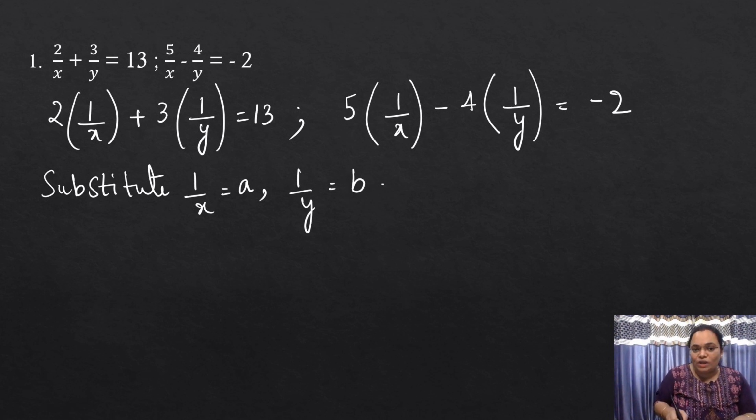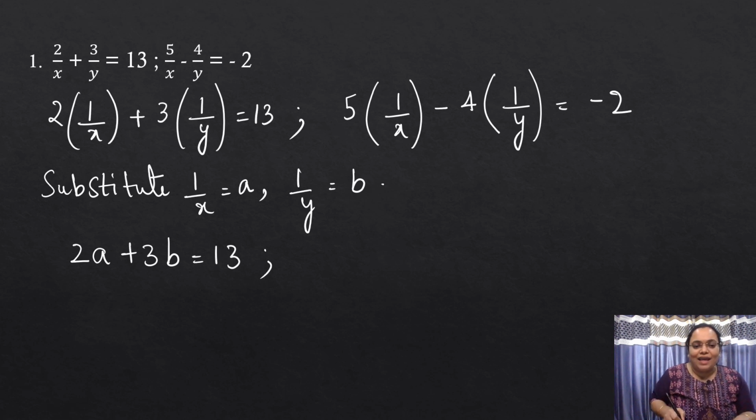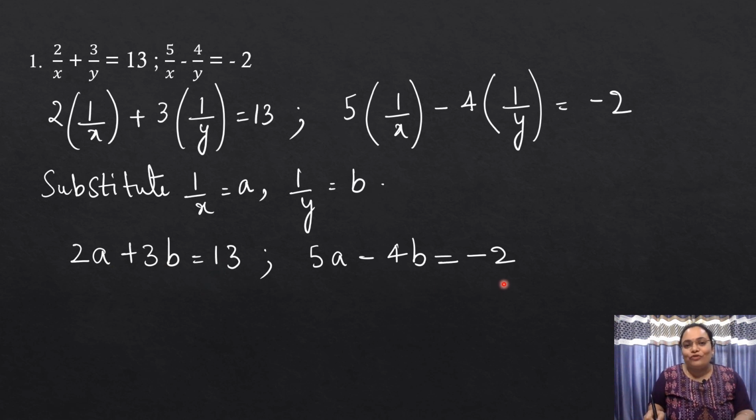How will the equation change? 2a plus 3b is equals to 13. And how will this equation change? 5a minus 4b is equals to minus 2. So, now we have got a pair of linear equations in two variables.